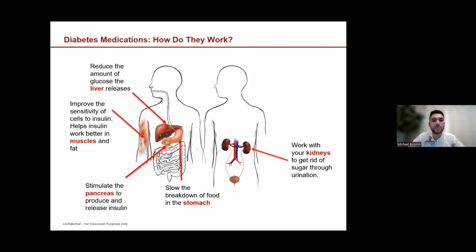And this helps insulin work better in muscles and fat. Some medications stimulate the pancreas to produce and release more insulin. Some medications slow down how fast your stomach is breaking food down, so the absorption of sugar is a little bit more stable, less spiked. And some medications work in the kidneys and help get rid of sugar through urination.